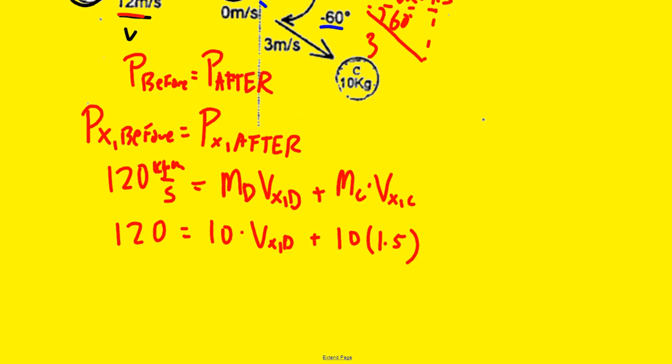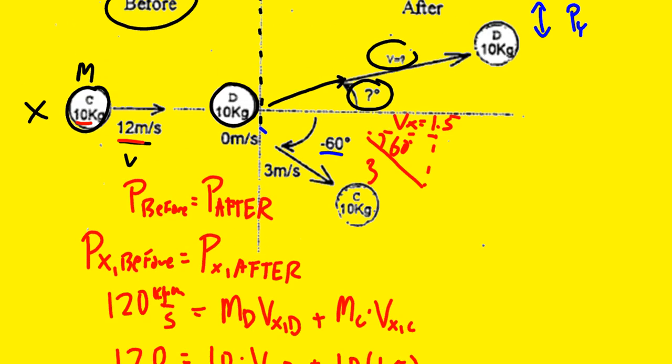It becomes a straightforward math problem: we subtract 15 and then divide by 10, and you end up getting 10.5 meters per second in the x direction. So going back to our picture, object D is moving at a velocity Vx of 10.5 meters per second.